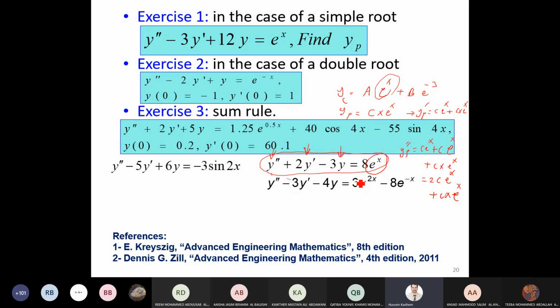Now I come back to substitute here and here and here. You have all of them. Can you substitute and cancel exponential x to find c? Tell me what c will look like. Okay, do it please.